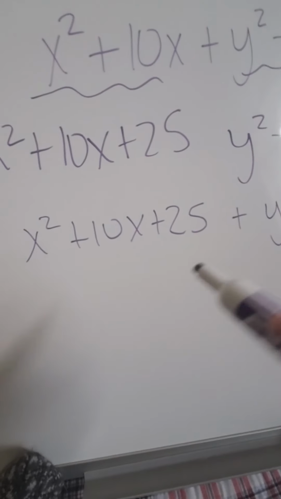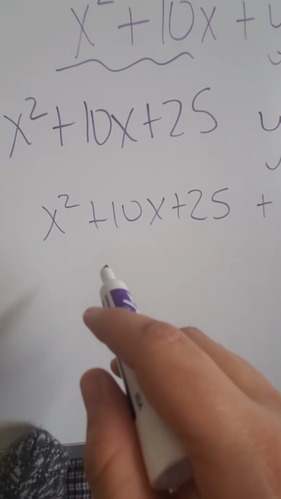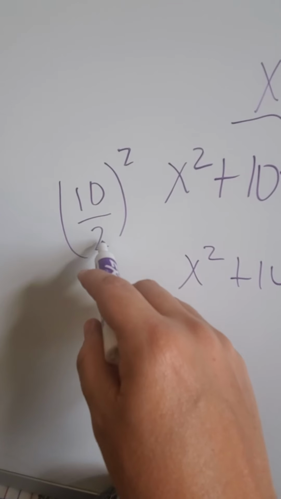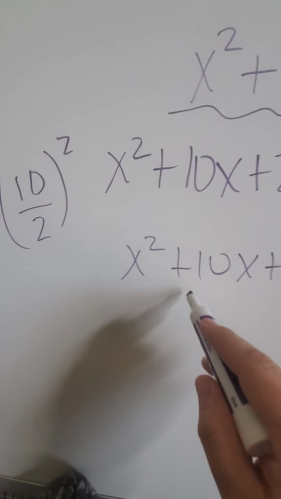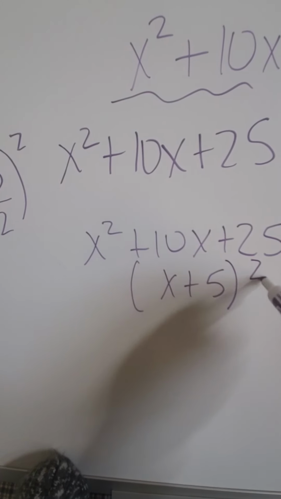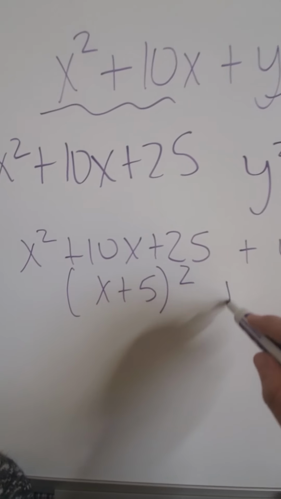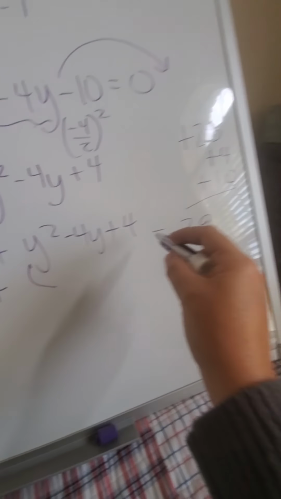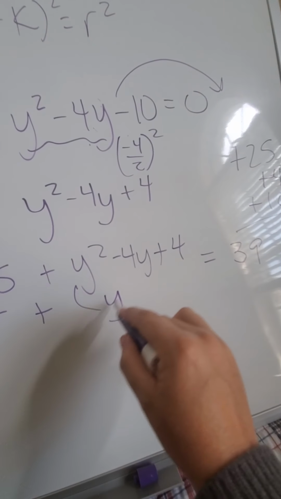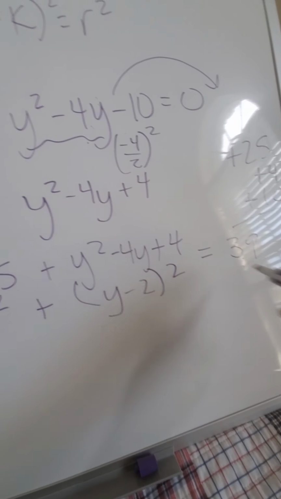Now let's focus on this one. Remember how 10 divided by 2 was 5? So now this becomes (x plus 5) squared. And over here, negative 4 divided by 2 was negative 2, so now I have (y minus 2) squared.